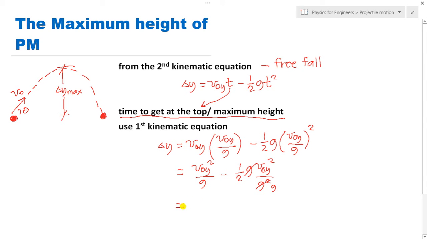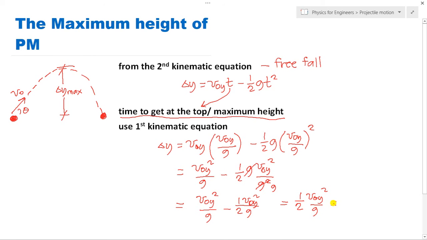So therefore, we have Voy squared over g minus 1/2 of Voy squared all over g. So we have Voy squared over g minus 1/2 of it, so that the remaining would be just the 1/2. So 1/2 of Voy squared over g.